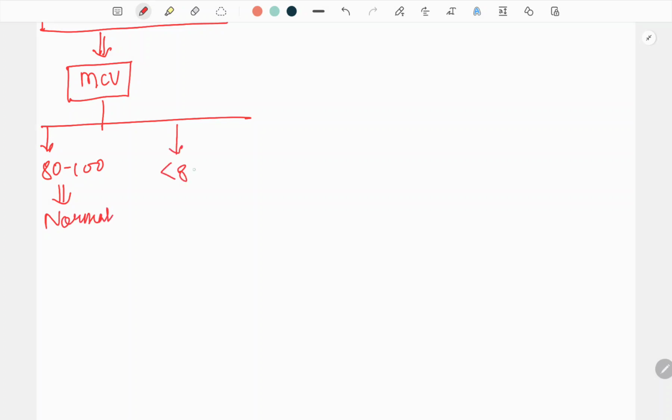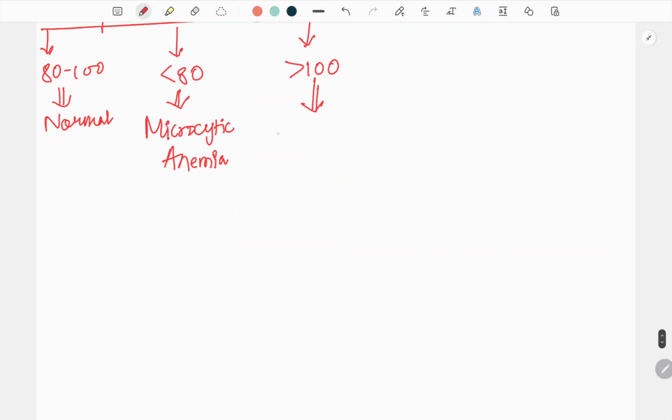Then it can be less than 80, which means it is a case of microcytic anemia. If MCV is more than 100, it is a case of macrocytic anemia.